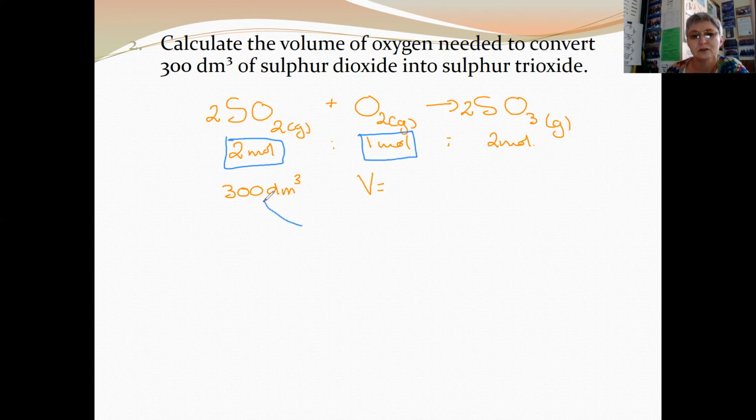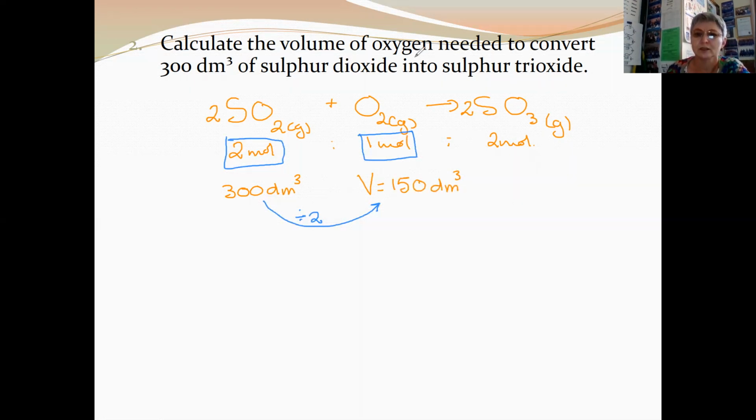So I need to get the volume by dividing the sulfur dioxide's volume by 2. So the volume of the oxygen required would be 150 cubic decimeters.